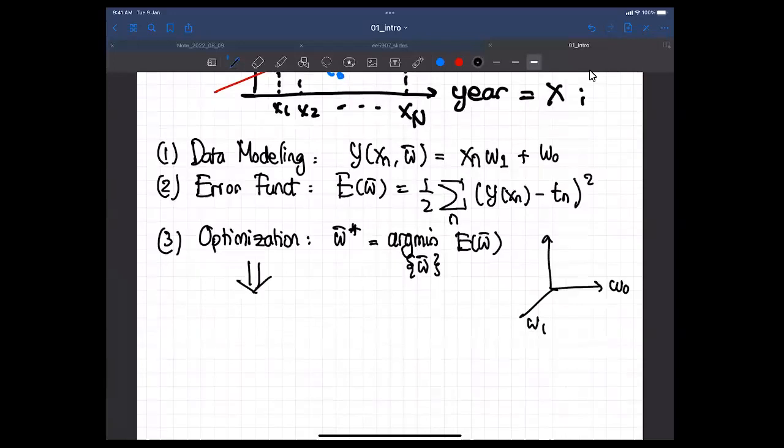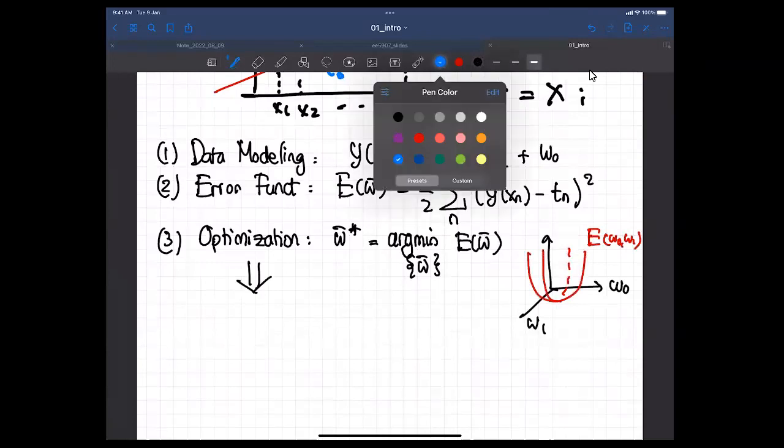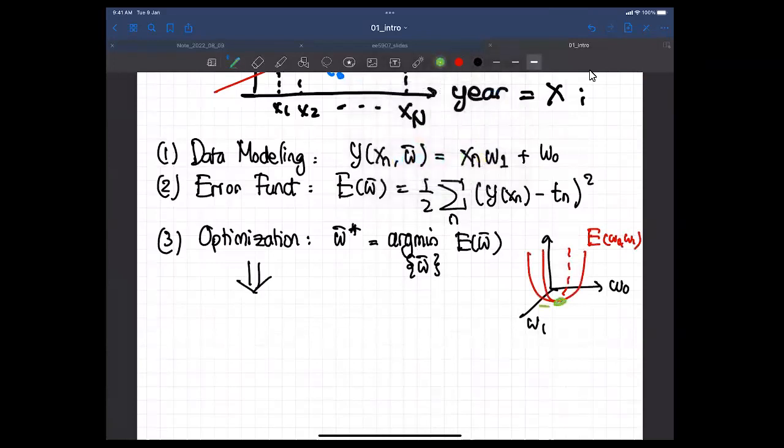And your curve is actually a three-dimensional curve, something like that. This curve is E(w0, w1). But the same again, mathematics doesn't care about dimensionality. If it is derivative, it's derivative, right? But intuitively, that's something that you want to find. This is a point then.